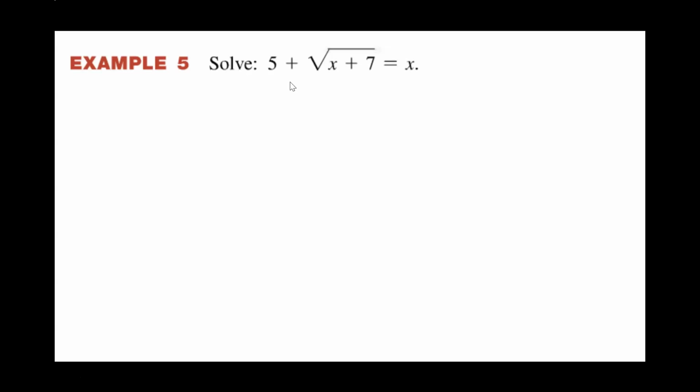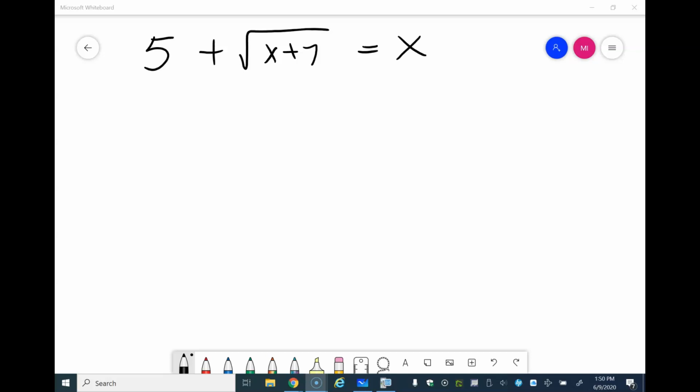And I'm going to show you a rule, or not necessarily a rule, but a red flag that students sometimes fall into when they have this 5 here. So here's the same equation, and this is where sometimes students get into trouble. The red flag I was saying, we know how to get rid of a square root. In order to get rid of the square root, you have to square it.